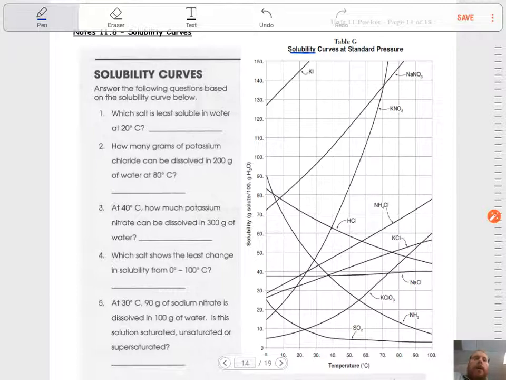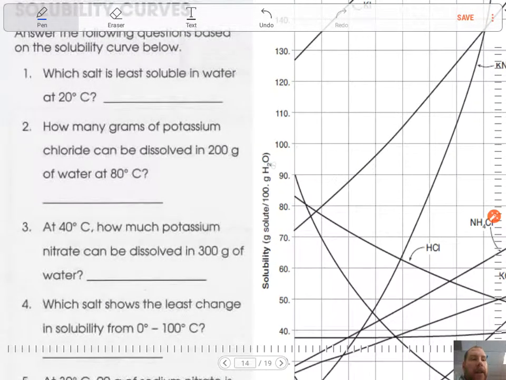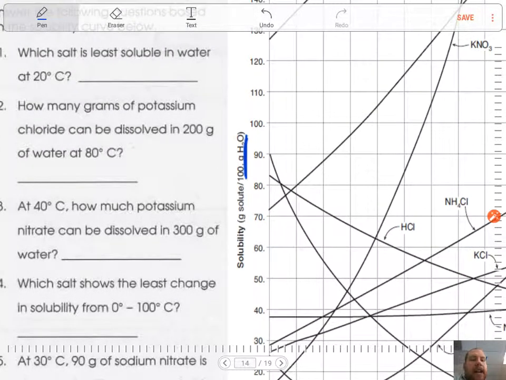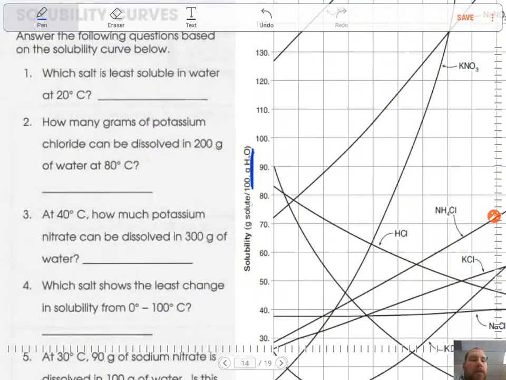Now you might ask, well, how much water are they being dissolved in? And it tells us here over on the y-axis. Okay, so what we're looking at is you have the solubility of all of these different solutes. Okay, these different salts, different substances. And then you see how many grams of each solute is soluble in 100 grams of water. So this looks more confusing, guys, than it actually is.